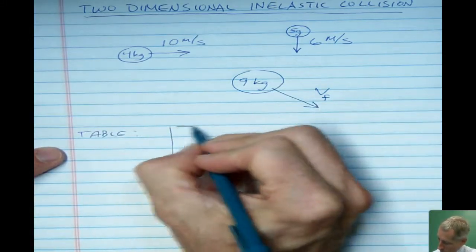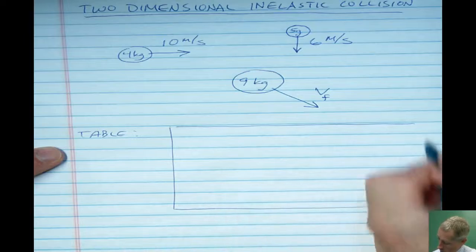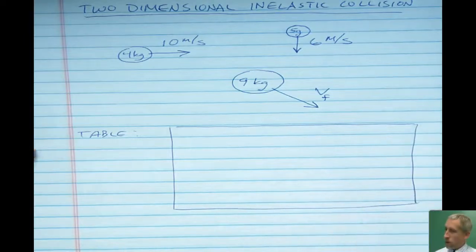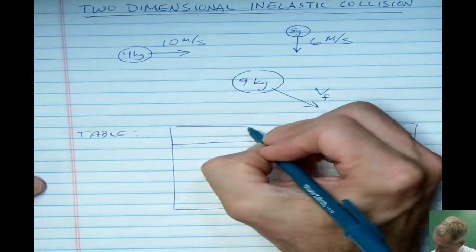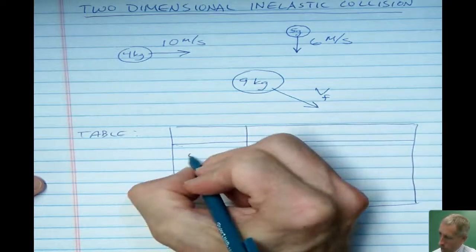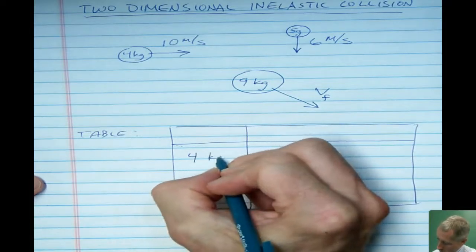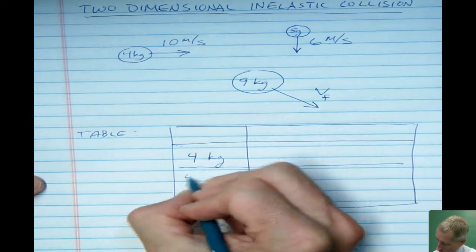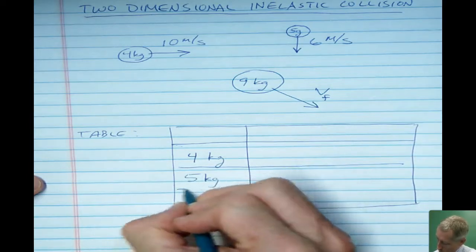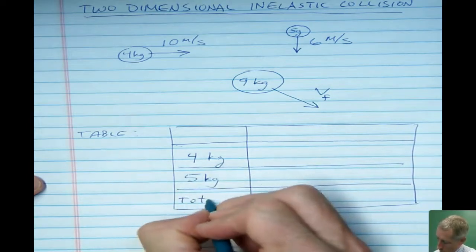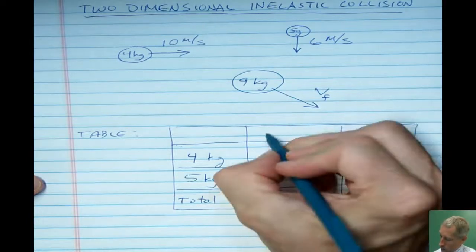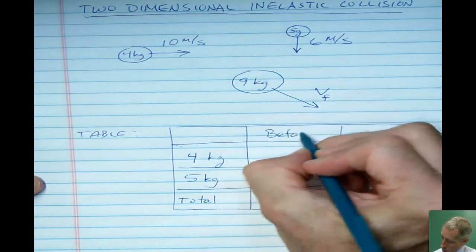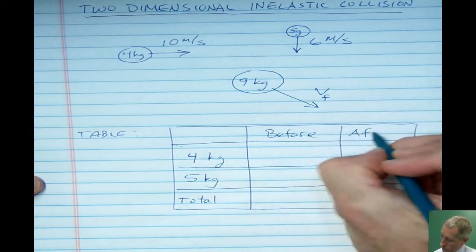So in the table format, I'm going to make a table like this, where each object has its own line. So the 4-kilogram object has a line, the 5-kilogram object has a line, and then we have a line here for the total. And then what we do is we compare the before momentum with the after momentum.